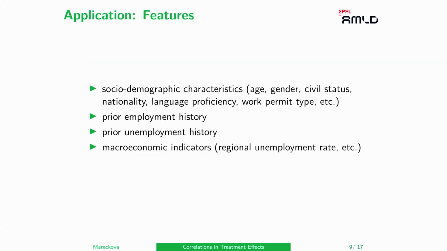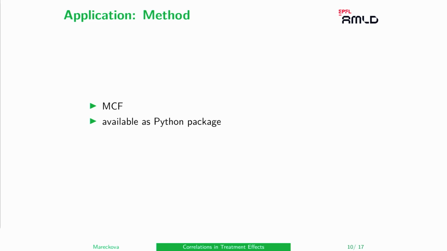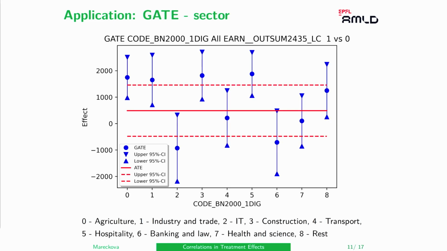So regarding the features, thanks to the administrative data, we have a really large collection of socio-demographic characteristics, prior employment history, prior unemployment history, and we also added some macroeconomic indicators like regional unemployment rate. Regarding the method, we go for the modified causal forest, which is available as a Python package for the estimation of such treatment effects.